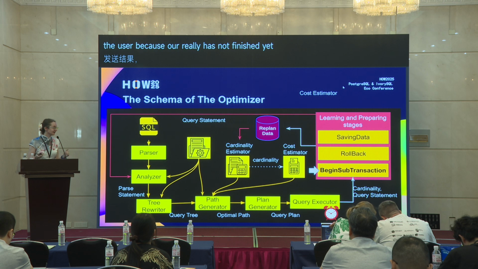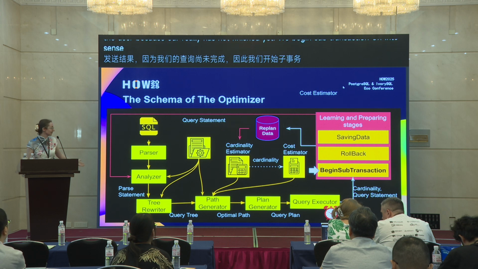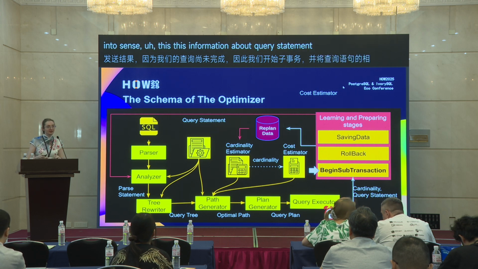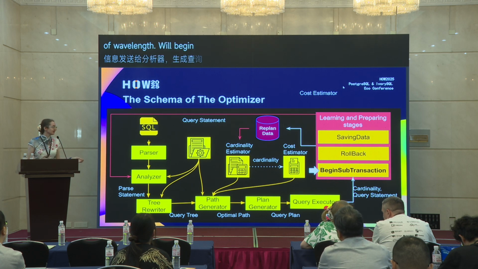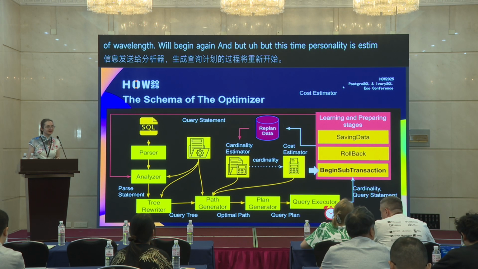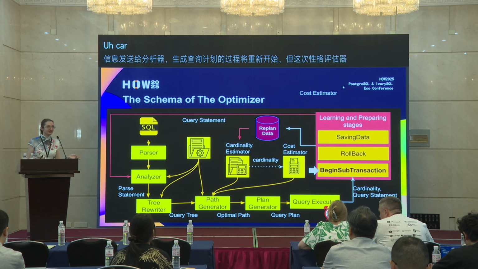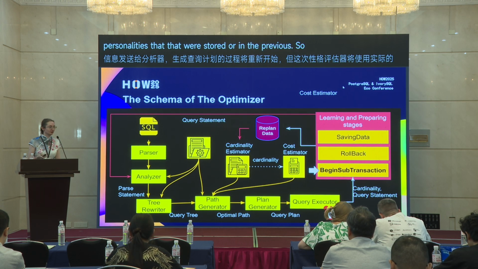We begin a sub-transaction and send this information about the query statement to the analyzer, and the generation of the query plan will begin again. But this time, the cardinality estimator will use the actual cardinality that was stored in the previous phase of query generation.